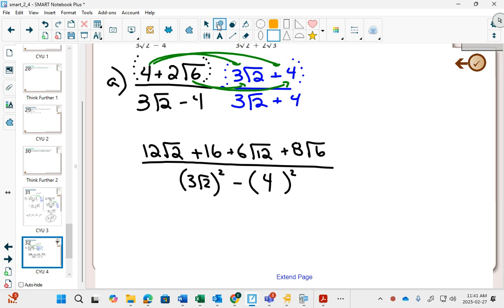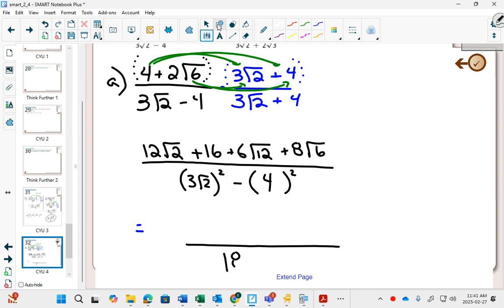Okay, we have to keep simplifying. On the bottom, if I square 3 root 2, I'm going to get 9 times 2, 18. If I square 4, I'm going to get 16. So the bottom is 18 minus 16.